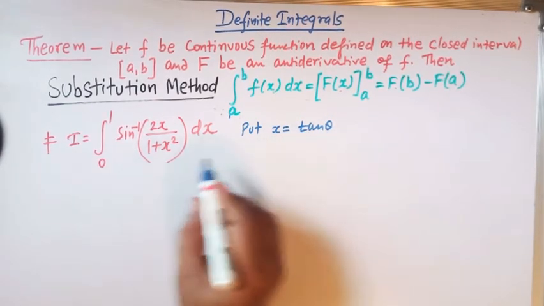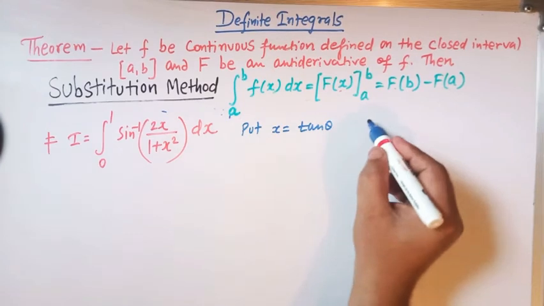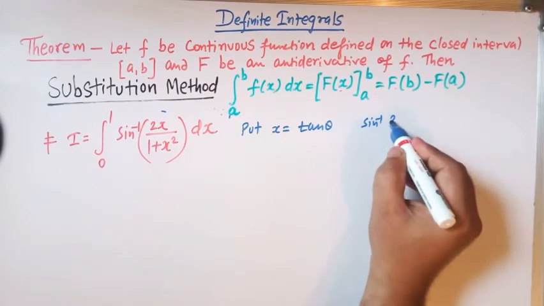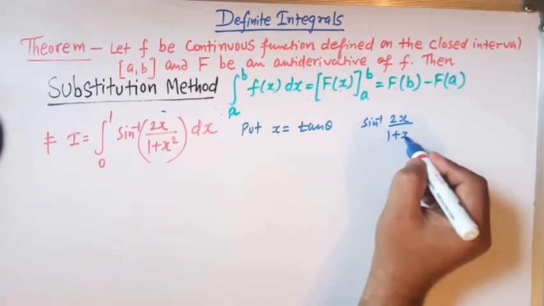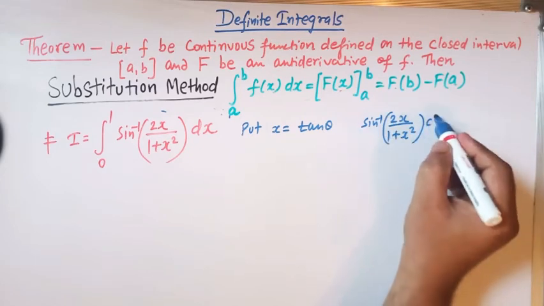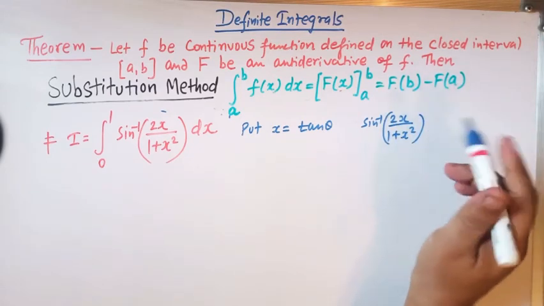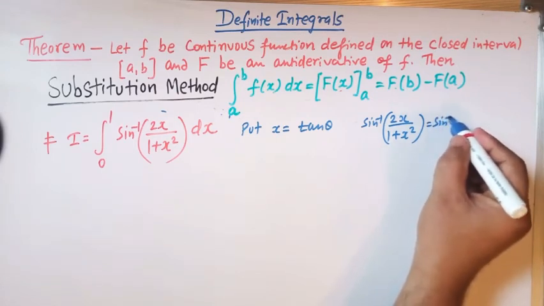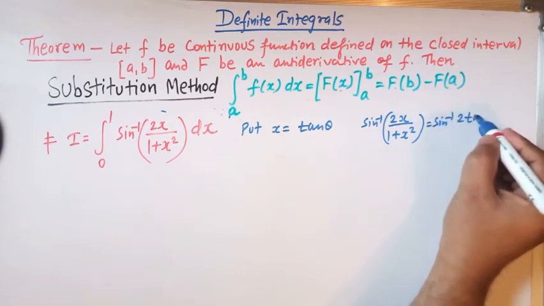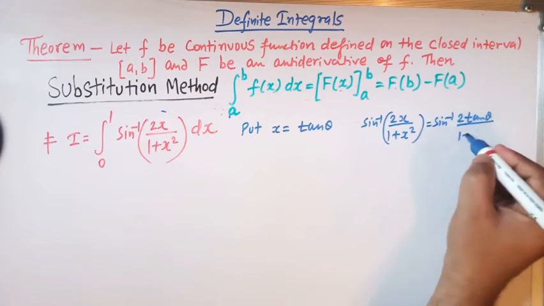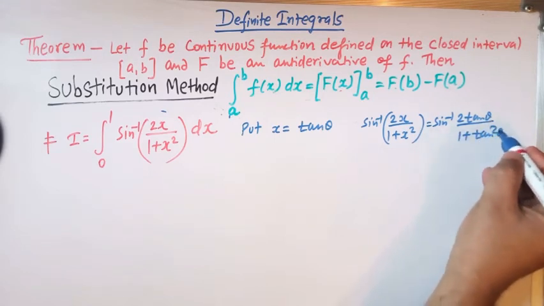So when x is equal to tan theta, then this whole term, that is sine inverse of 2x divided by 1 plus x square, is equal to sine inverse of 2 tan theta over 1 plus tan square theta.